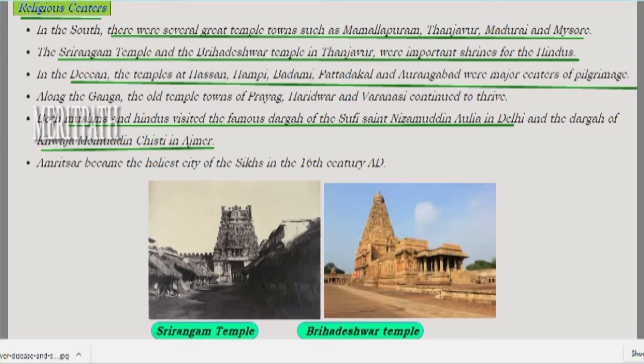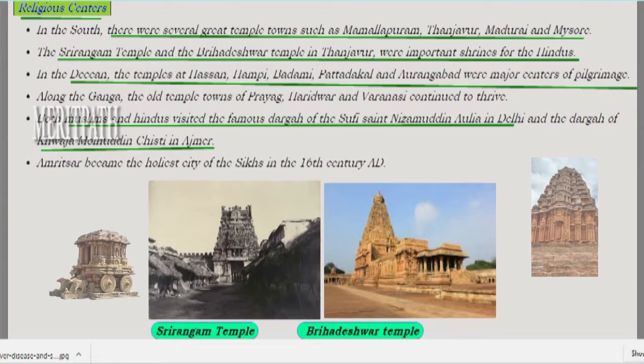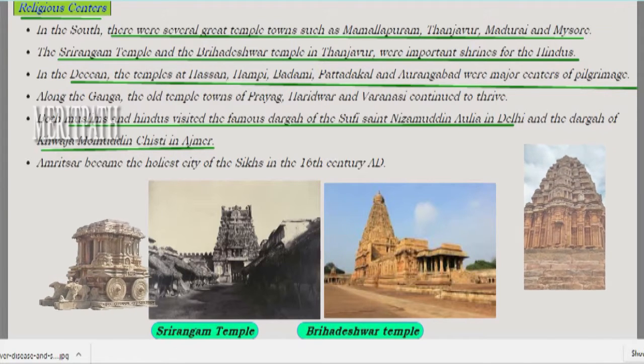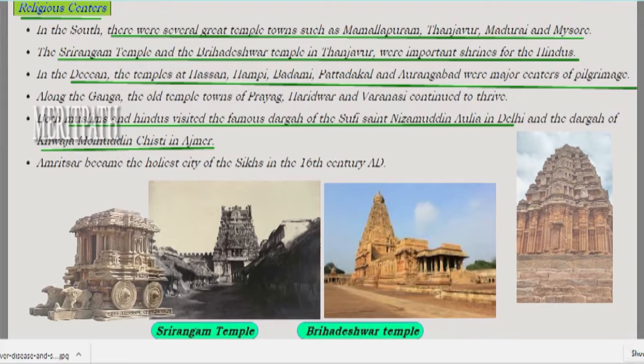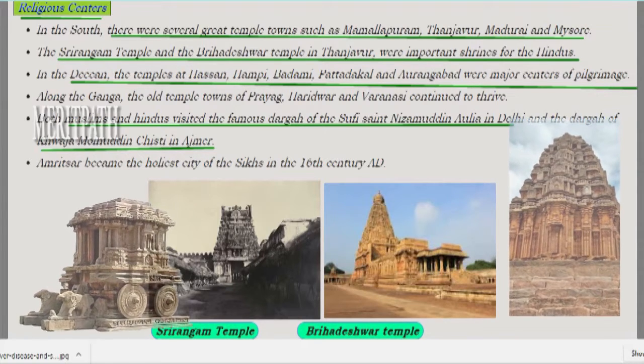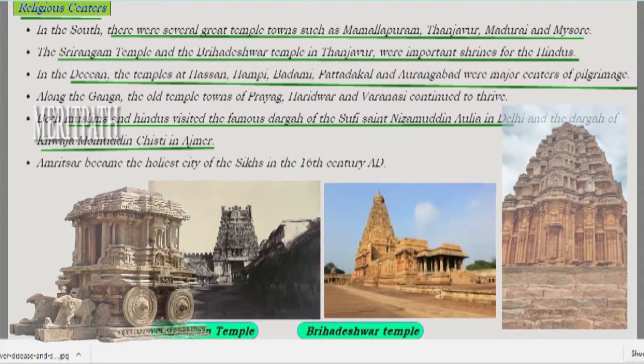Next, let's see about the religious centers. In the south, towns such as Mamallapuram, Tanjavur, Madurai and Mysore were important religious centers. Hindus considered the Srirangam temple and the Brihadeshwar temple in Tanjavur important sites. In the Deccan region, the temples at Hassan, Hampi, Badami, Pattadakal and Aurangabad were the main centers of pilgrimage.